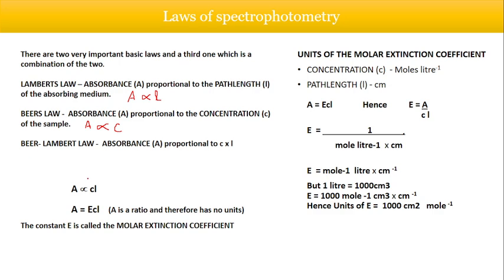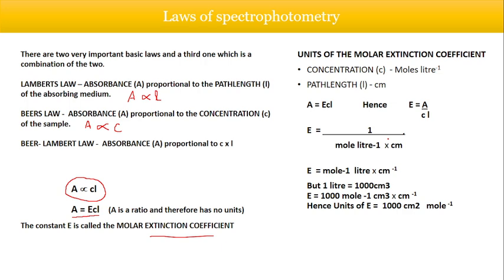So from this we get a proportionality equation, where absorbance is proportional to your concentration and your path length, and from there we can tell that absorbance equals epsilon Cl, where epsilon is the molar extinction coefficient.